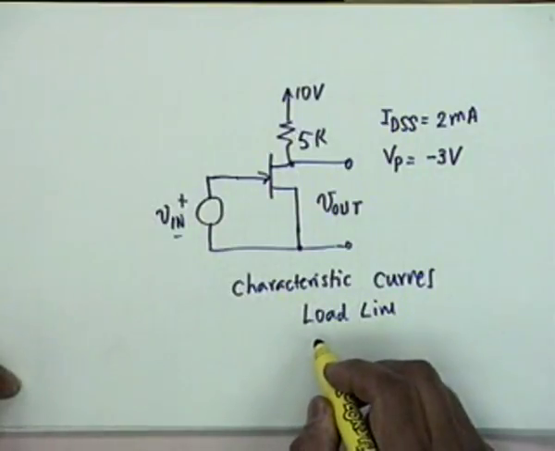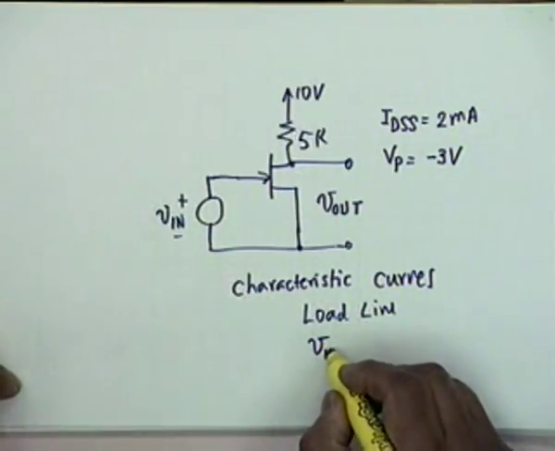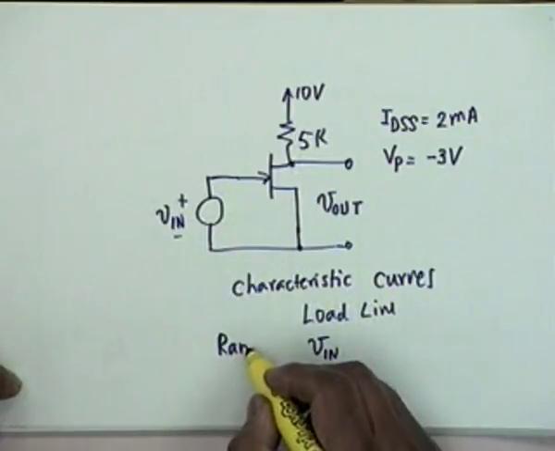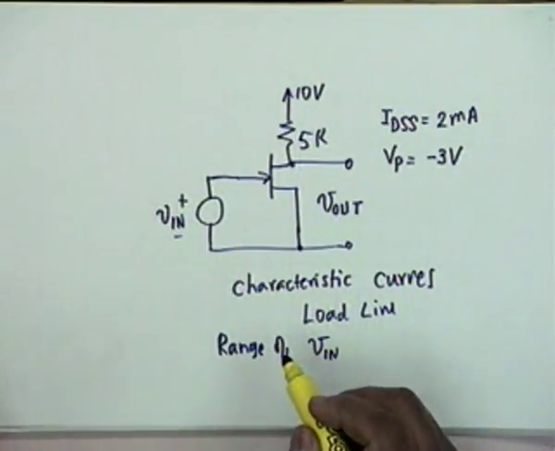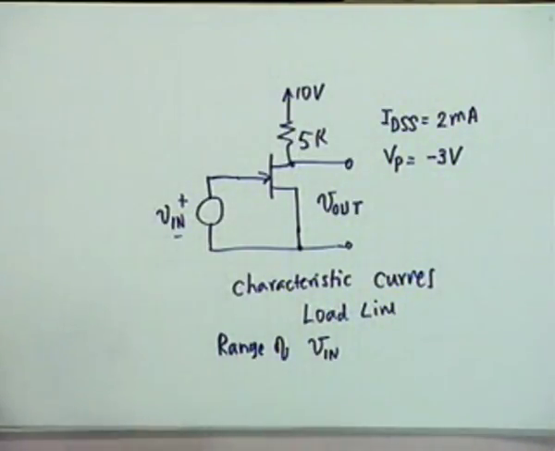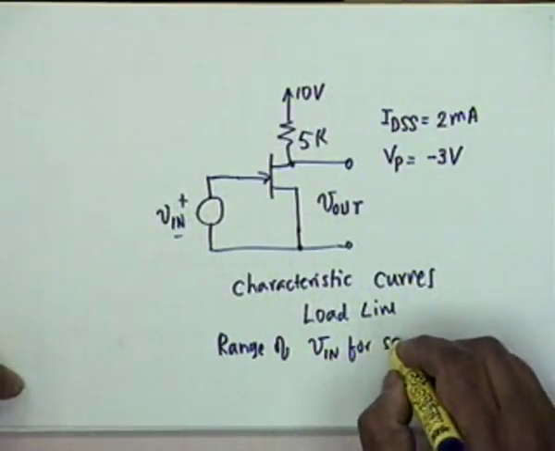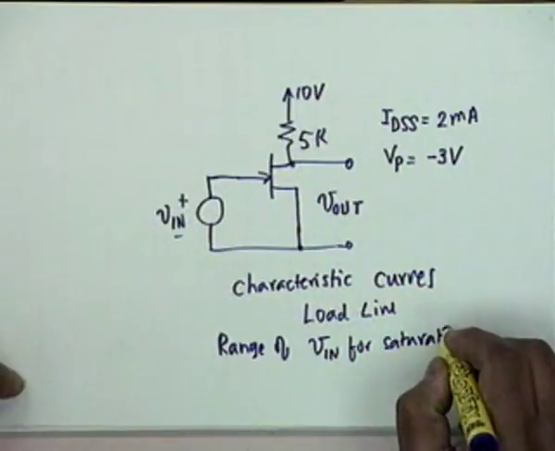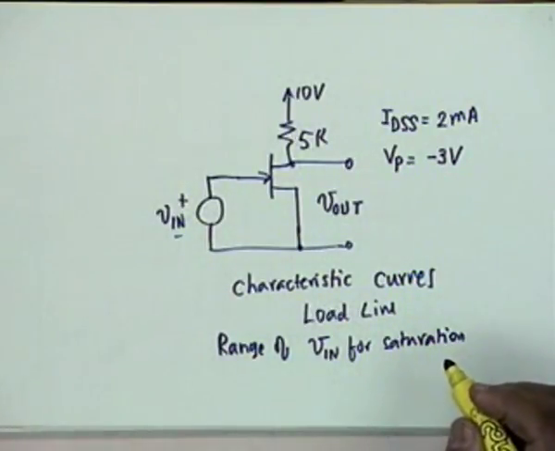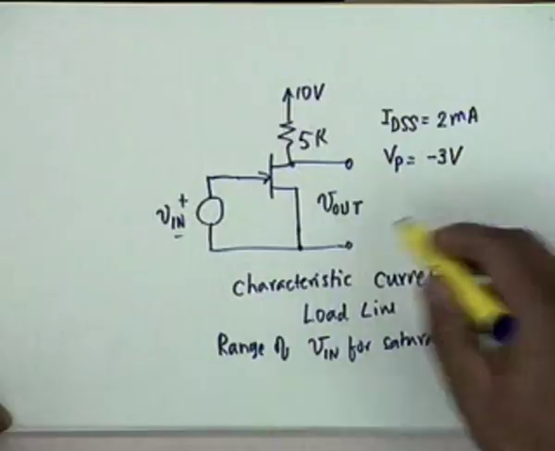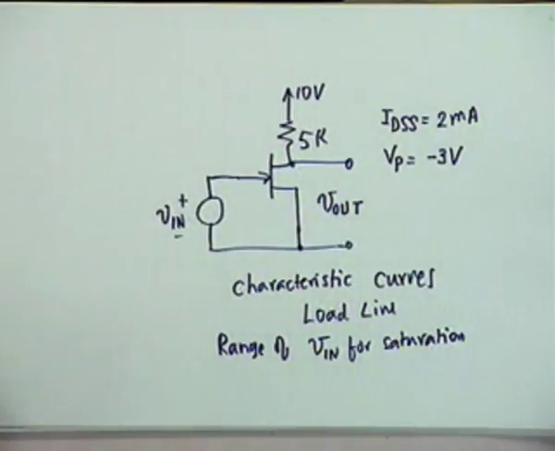Then you are required to find out the range of V in required to obtain operation in the saturation region. This is the question. This is the circuit. IDSS and VP are given.